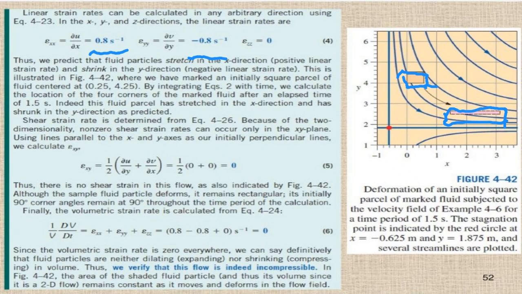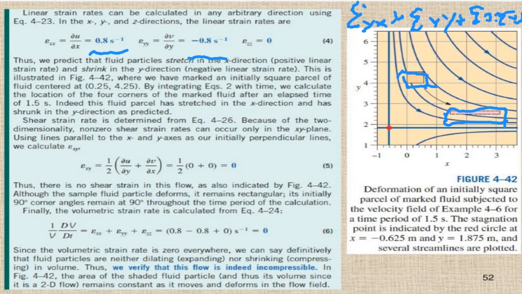Because it's incompressible, the sum of the epsilons must be 0. So epsilon xx plus epsilon yy plus epsilon zz must be 0. And you see that the summation is 0, meaning that it's incompressible.